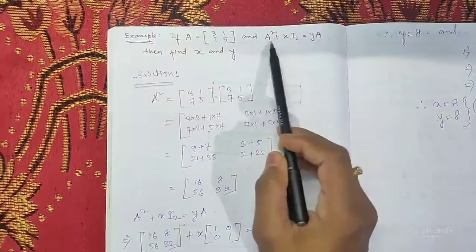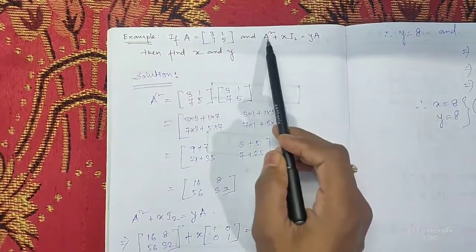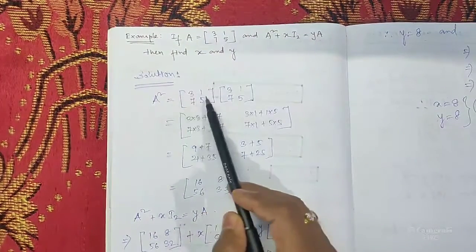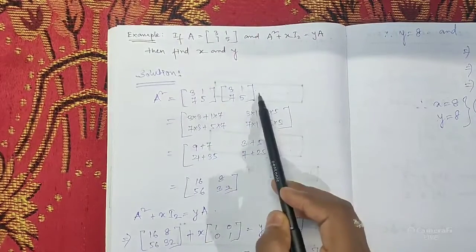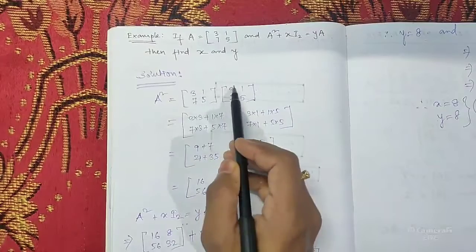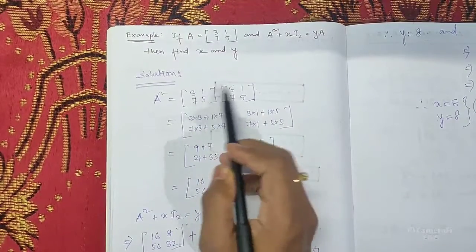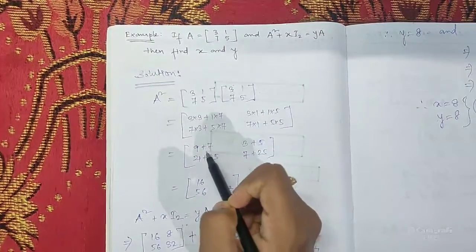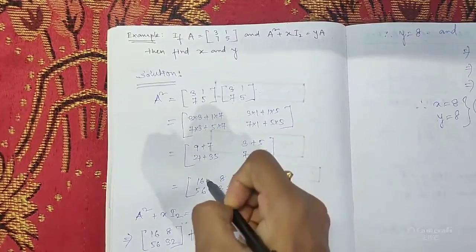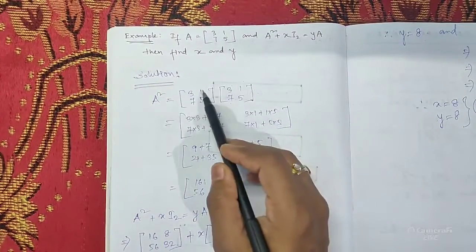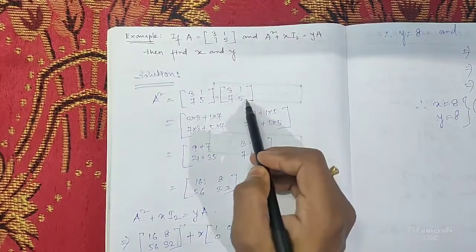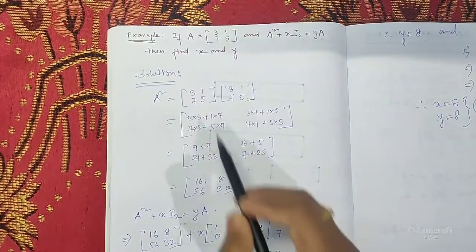Now, first we have to find A square. A square means A matrix into A matrix. Now perform the matrix multiplication. 3 into 3 plus 1 into 7, 3 into 3 is 9 plus 7, that is 16. Next 3 into 1, that is 3, plus 1 into 5, that is 5, 3 plus 5 is 8.